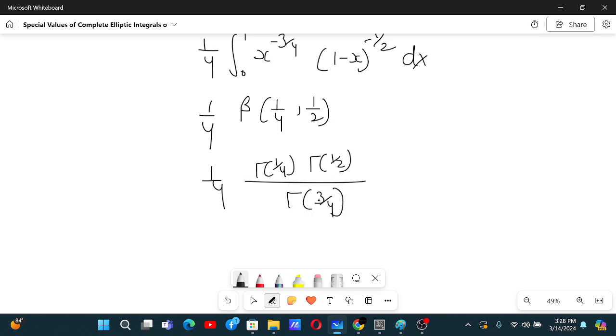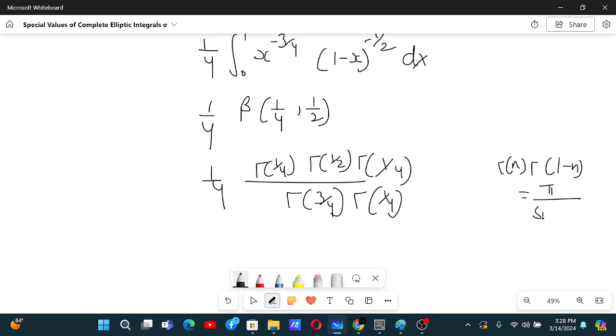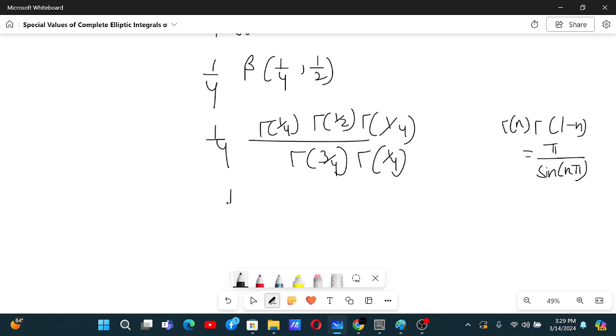To simplify, let's multiply by gamma 1 by 4 over here, so that we can use the reflection formula, because we know that gamma of n times gamma of 1 minus n is equal to pi by sine n pi. Here if 1 by 4 is n, 3 by 4 is 1 minus n, so that's why we can use 1 by 4 here.